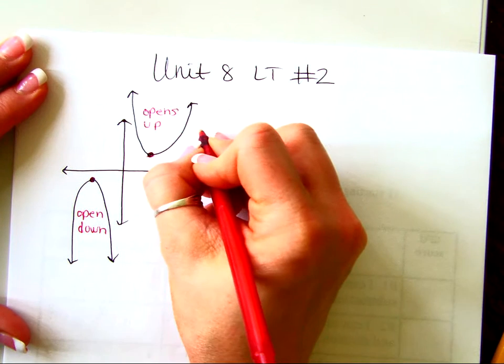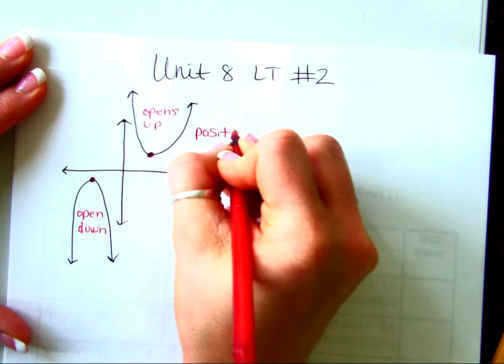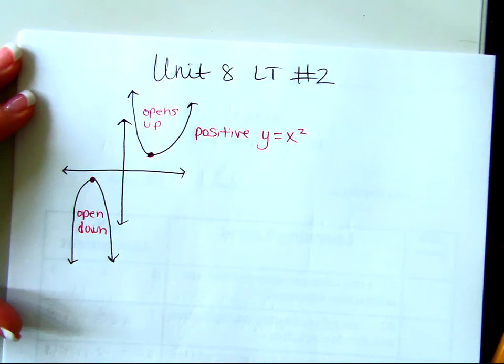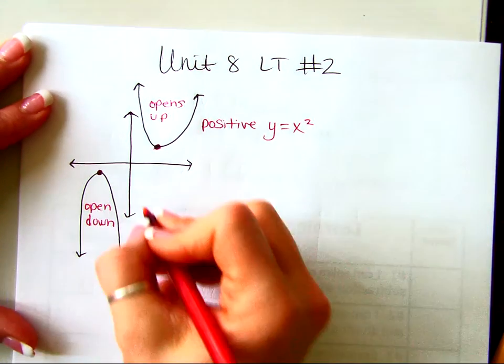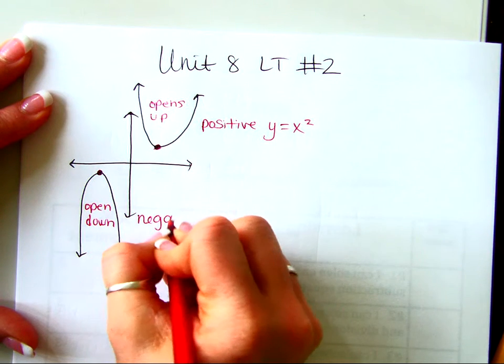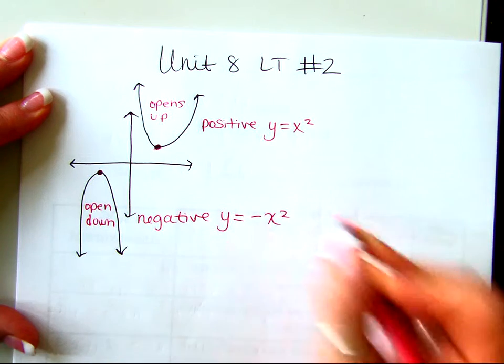And this means that you have a positive y equals x squared, right? Remember? We're going to talk a little bit more about that. And this is a negative, meaning y equals negative x squared.